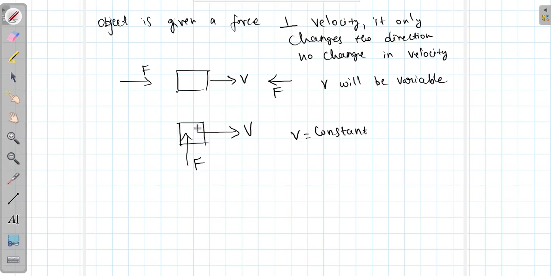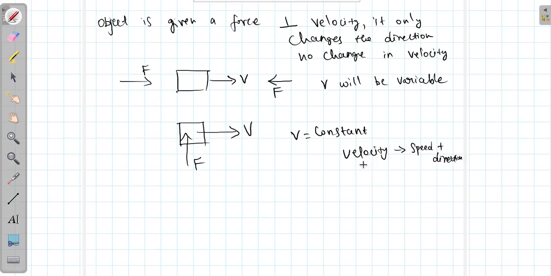Because this changes the direction. We know velocity means speed plus direction. If any one quantity changes, there is a change in velocity also.